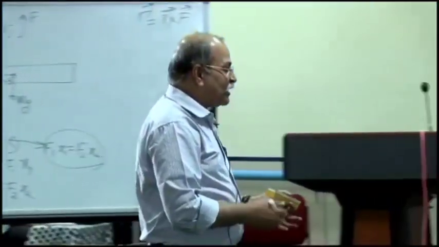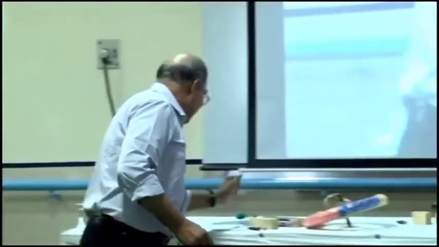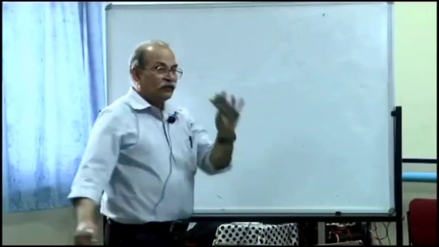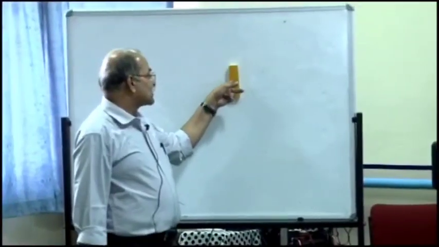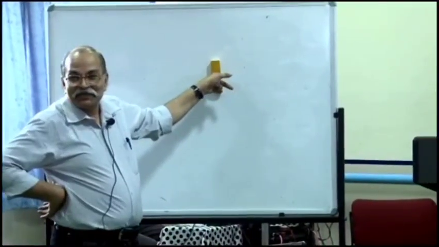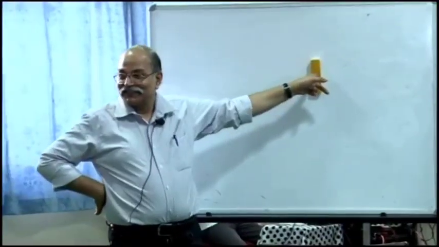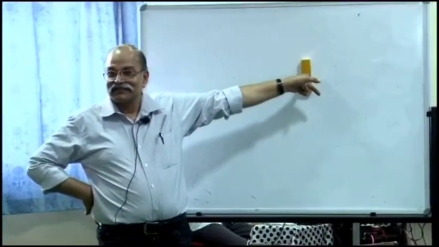Now one more problem on this equilibrium, and I think we will stop there. Look at this duster. Now I am keeping it here by applying a force perpendicular to the surface of this duster. Right.